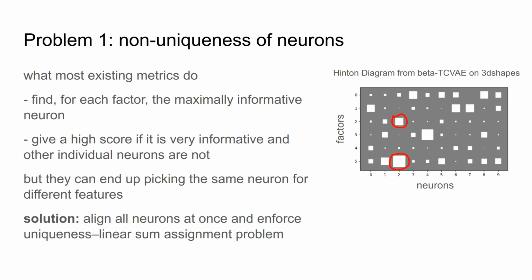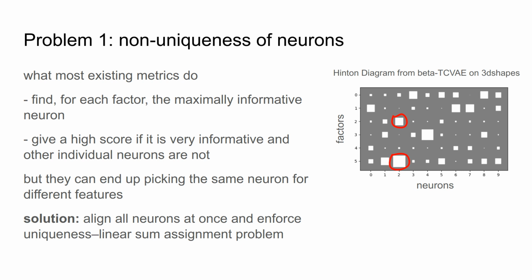Okay, what are the problems with the existing metrics, now that we're talking about strong disentanglement? Well, what most existing metrics do is they take the set of factors, and for each factor they find the most informative neuron. That can be the neuron with highest mutual information, with some strongest weight in a linear classifier or something like that.